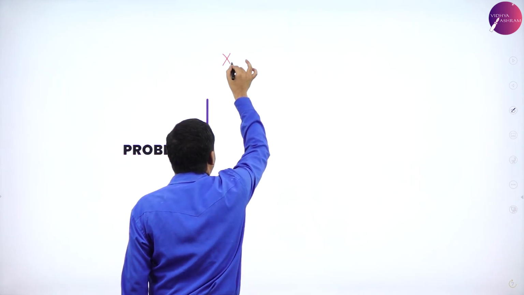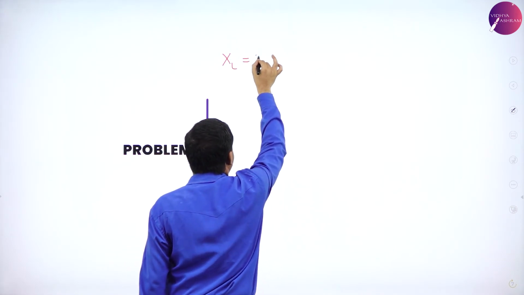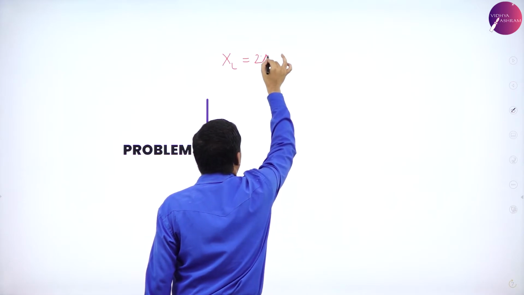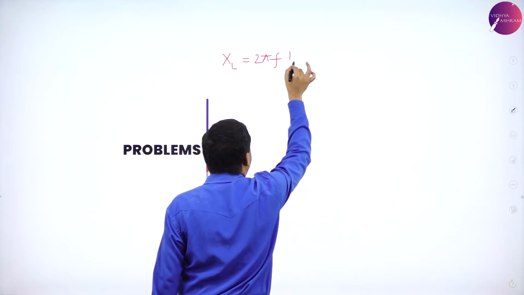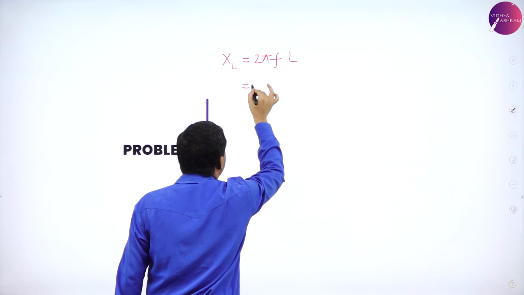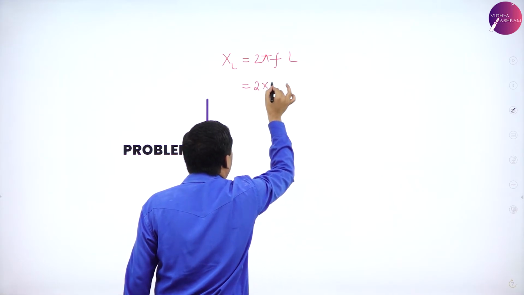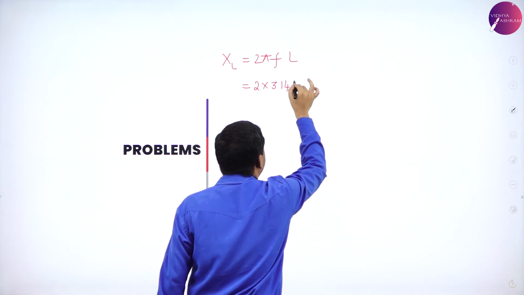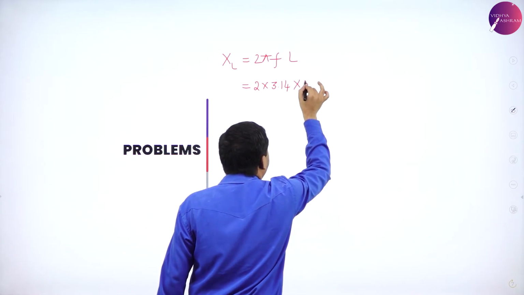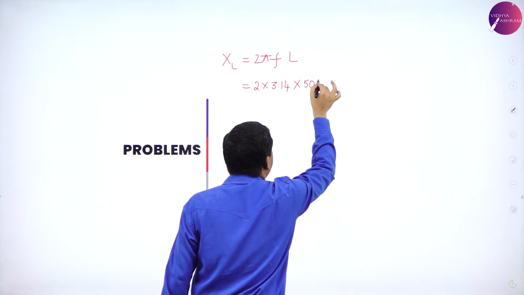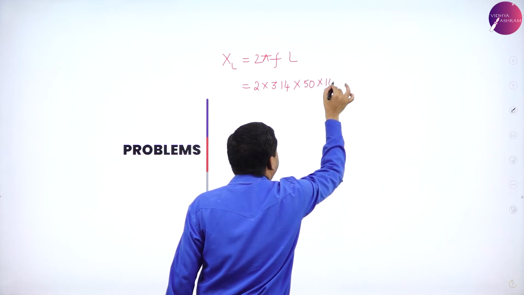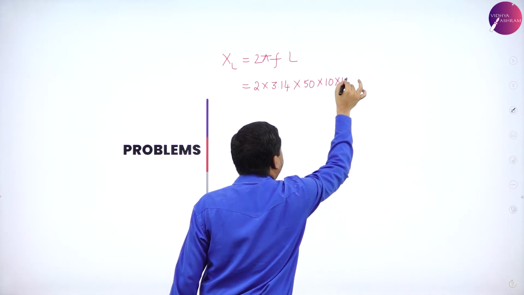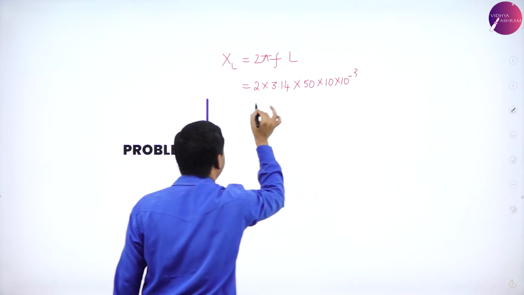So XL is 2 pi FL, 2 into 3.14 into 50 into L is 10 millihenry.